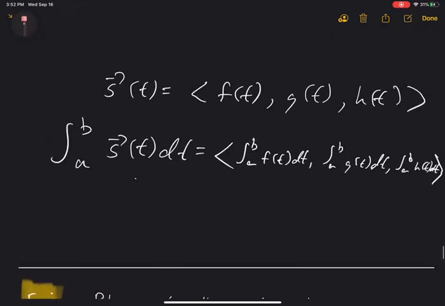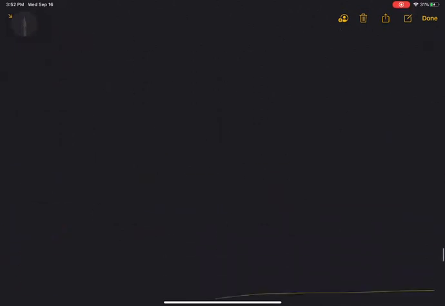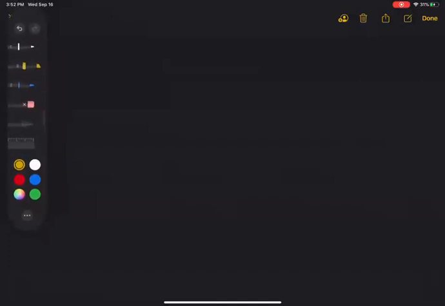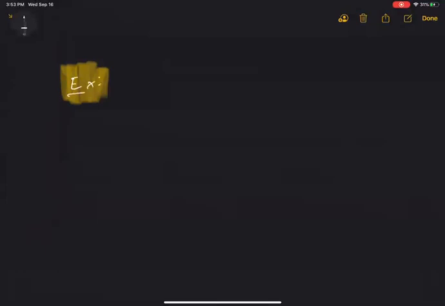So before we do a practical example, let's just do some computation. So let's say s of t is 3t cubed, ln of t, e to the t.